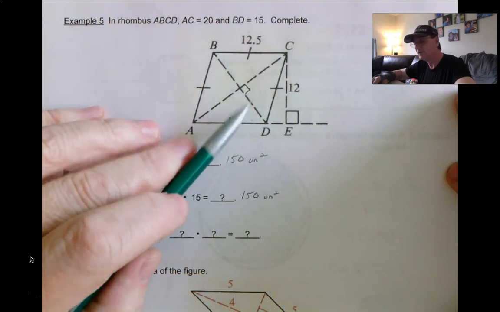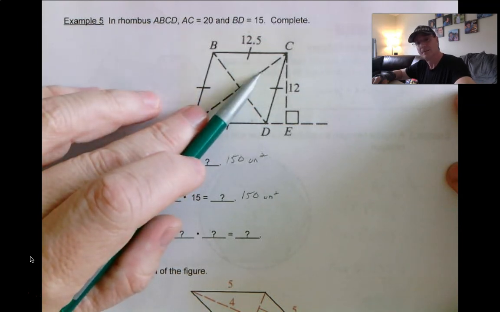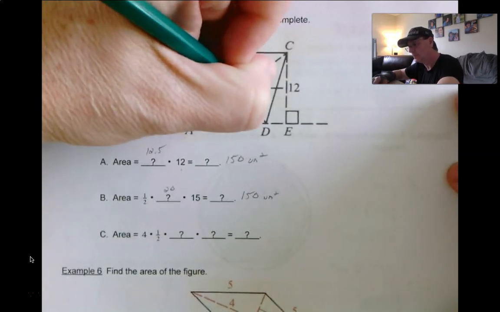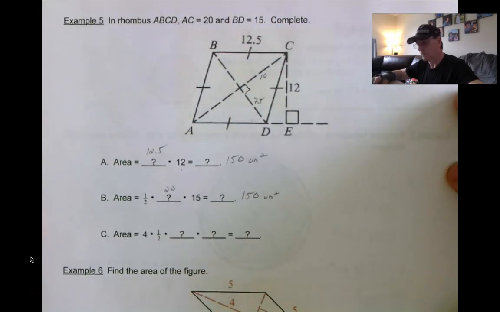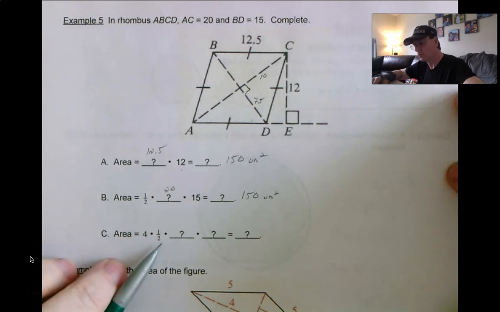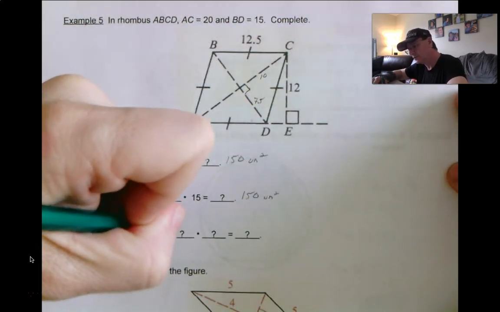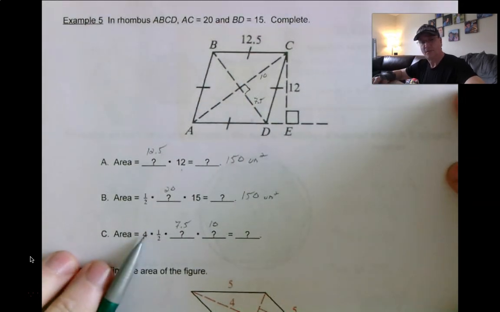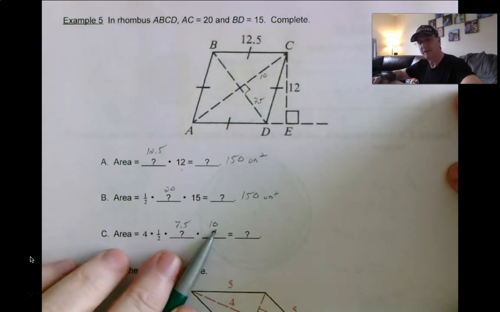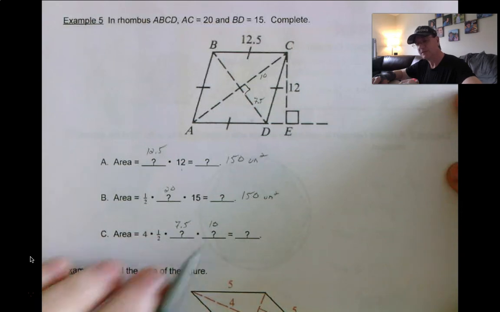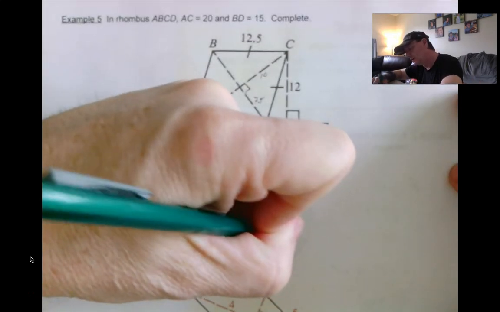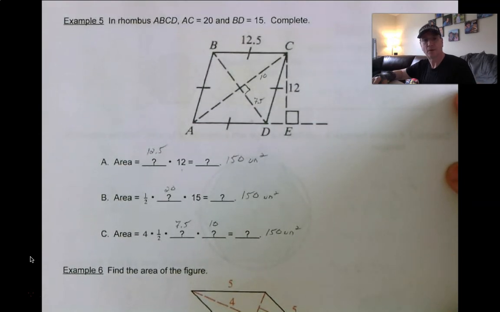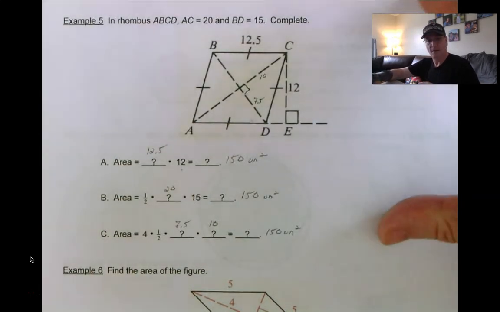This is 7.5. This is 10. So the area is 4 times 1/2 of 7.5 times 10. Half of 4 is 2. 7.5 times 10 is 75. 2 times 75 is 150 units squared. Again.